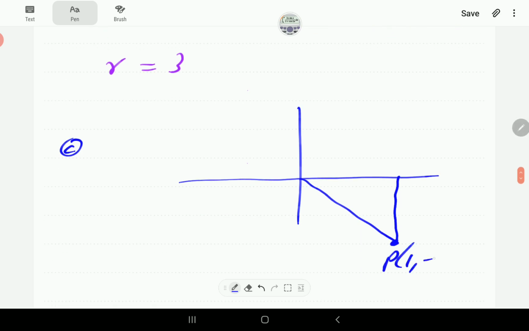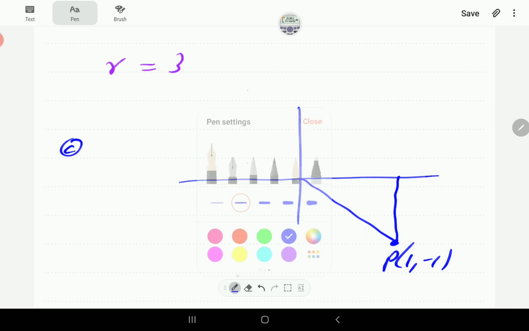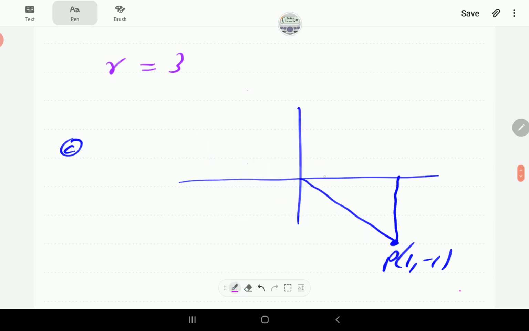So P is (1, -1), which means our angle theta is this one here. So it's a reflex angle. This is 1, this is negative 1.